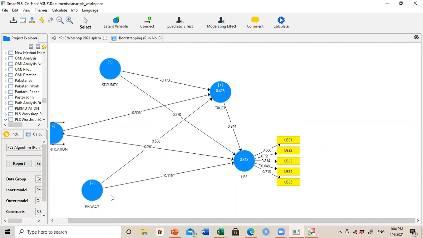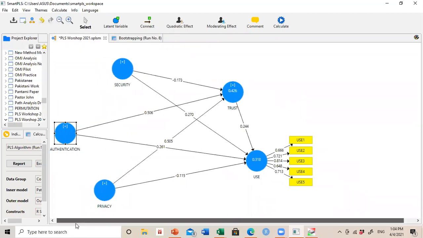Sir, excuse me. Should we report the F square and R square in this case? How can you know which R square and F square you are talking about? You don't need R square, F square here. You need F square, R square if you have everything in the model.